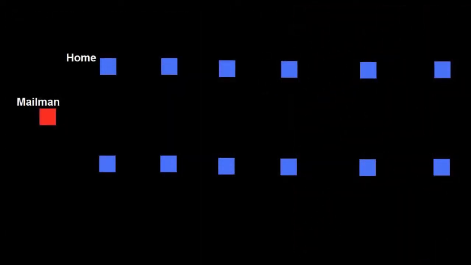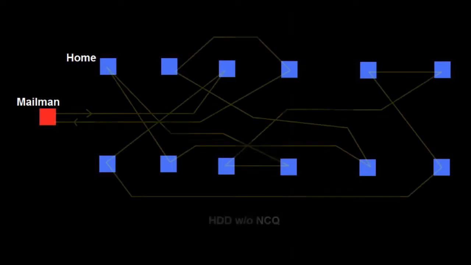Let's take these blocks. The blue represents homes. The red one is you, the mailman. Now, you've got a sack full of letters that you need to deliver to these homes. Now, if you were to deliver this mail as you pick them up, your route may look something like this.